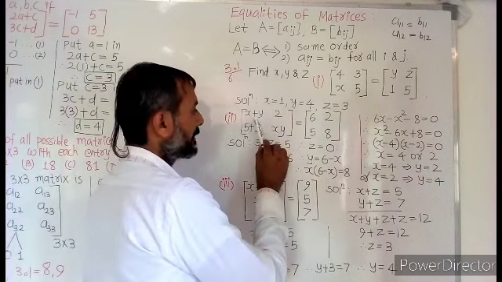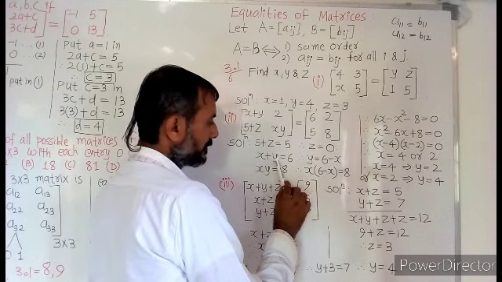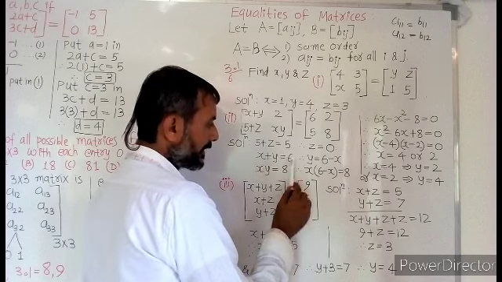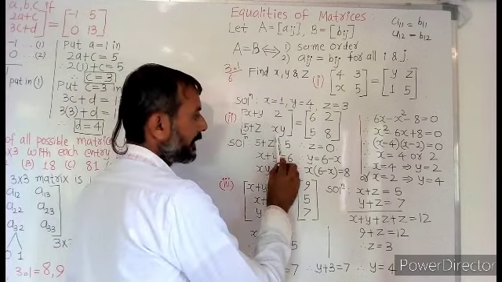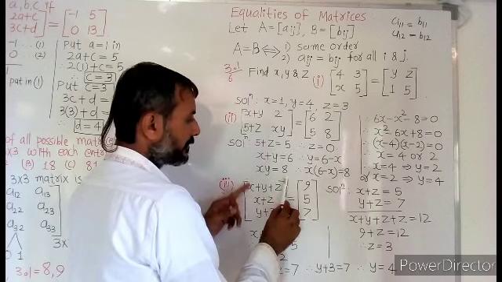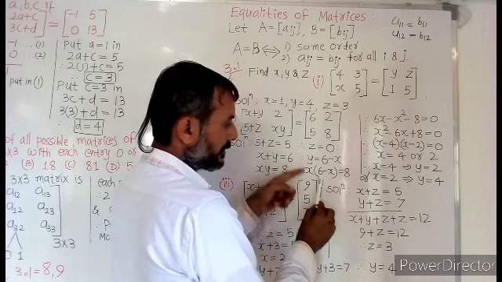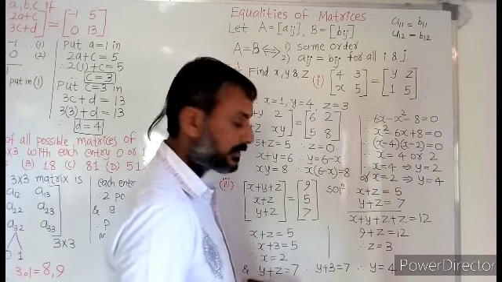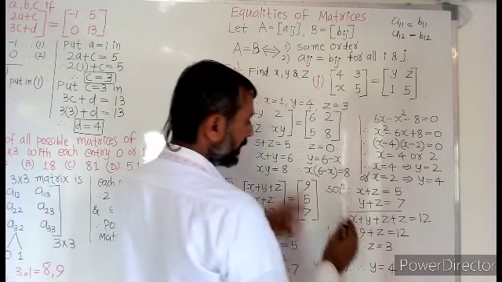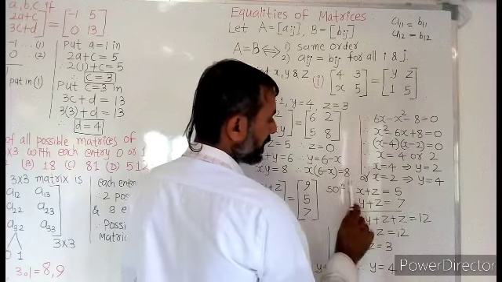Second, x plus y equals 6. So y, taking x to the left side, is 6 minus x. And what is xy? 8. Put y equals 6 minus x: x times (6 minus x) equals 8. Multiplying in the bracket, 6x minus x squared equals 8.